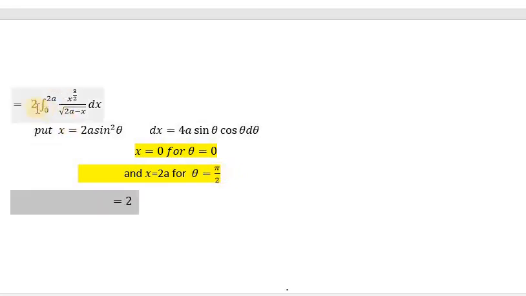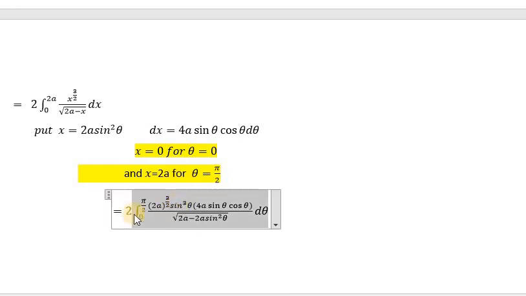So the given integral becomes 2 times the integral from 0 to pi by 2, and substituting for x, 2a sine square theta: (2a) to the power of 3 by 2 sine cube theta times 4a sine theta cos theta, divided by root of 2a minus 2a sine square theta.